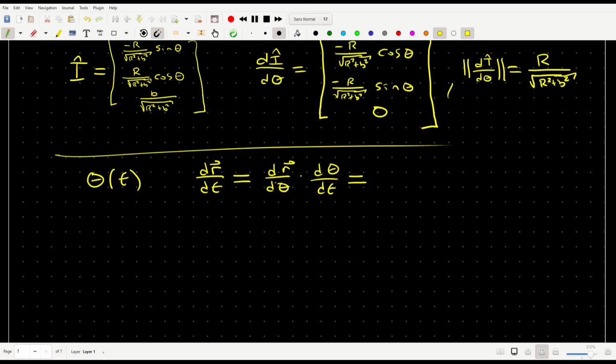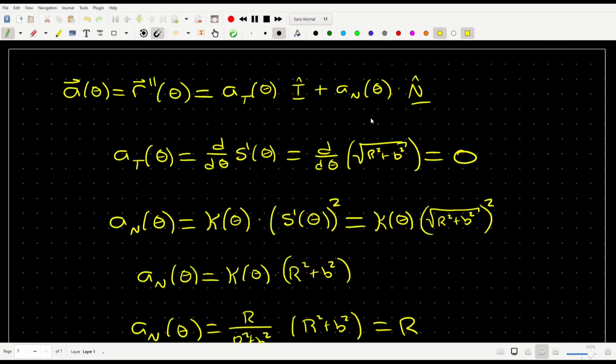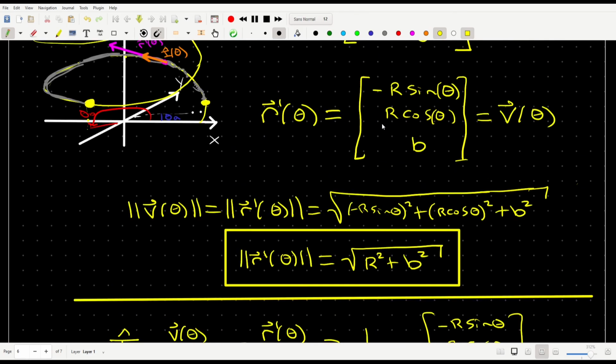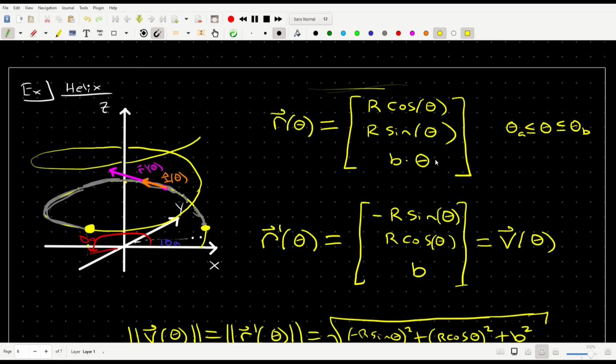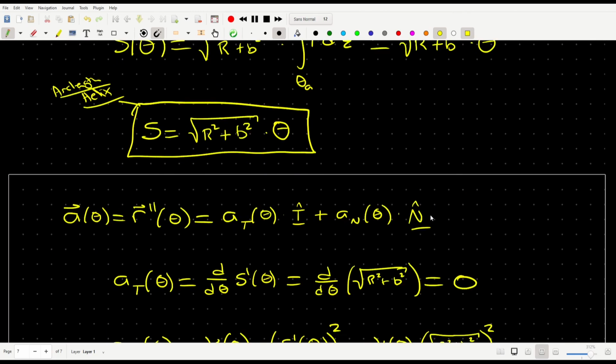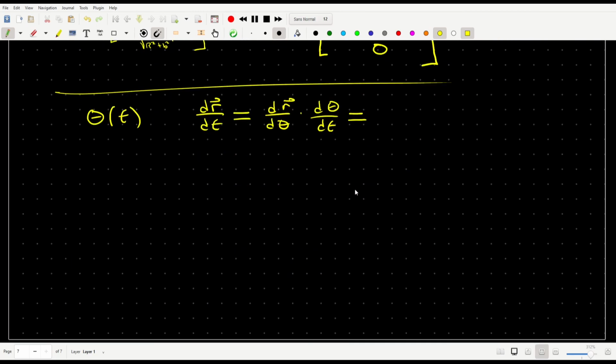So the idea here is that dr/dθ is the velocity vector that we calculated up here. By the chain rule, the real true physical velocity is just dr/dθ times dθ/dt with respect to time.